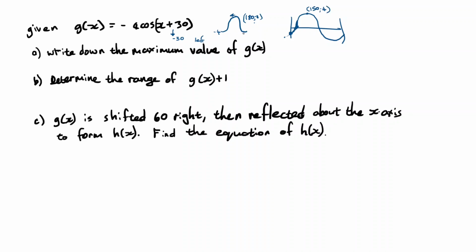If the lowest point should have happened at the end of the graph, which would have been at 360 and minus 4, it's just gone back 30, so the lowest point is 330 and minus 4. All of that is more just for discussion purposes, because you could have just used your calculator to plot all the points you need.